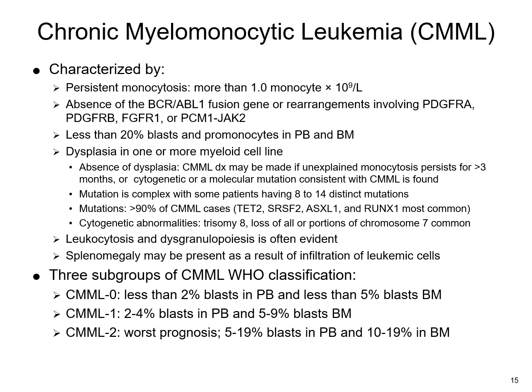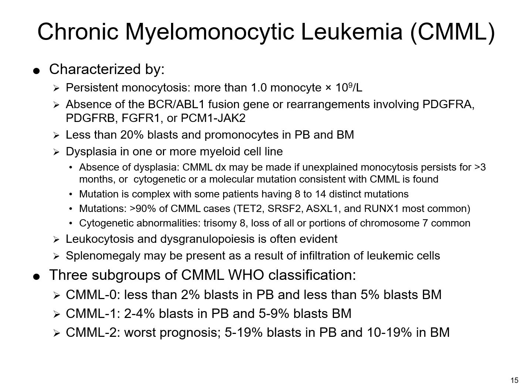You will have an absence of the BCR-ABL1 fusion gene, or a rearrangement involving PDGFRA, PDGFRB, FGFR1, or PCM1-JAK2. You can have less than 20% blasts and promonocytes in the peripheral blood and within the bone marrow. You can also have dysplasia in one or more of those myeloid cell lines.